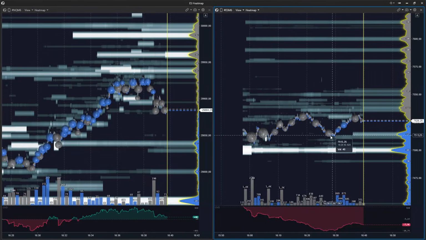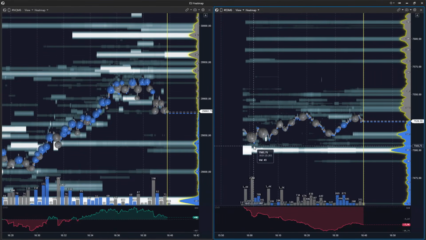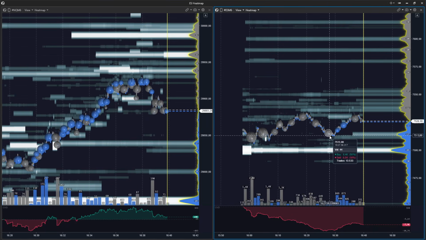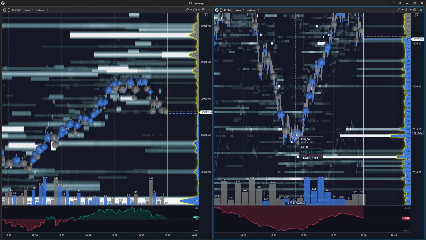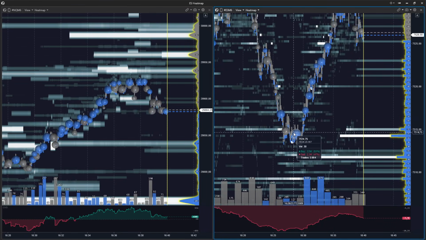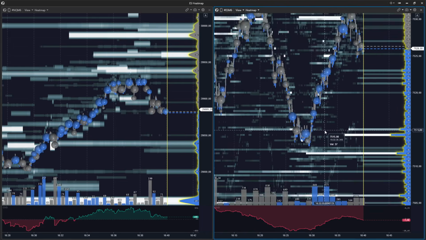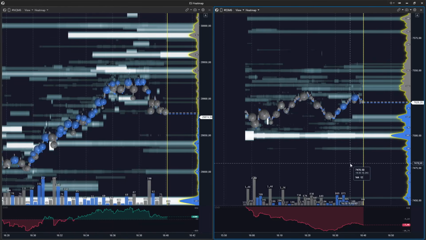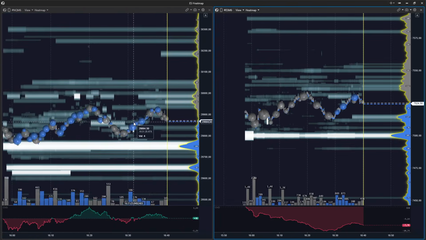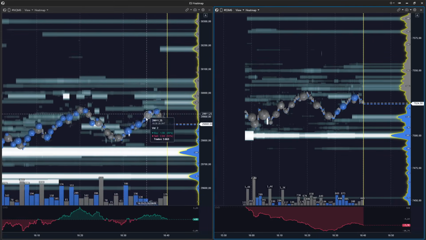As you can see here, for example, the market didn't even have the chance to get close to it, and then maybe got absorbed here. These buyers put in some aggressive work and then pushed up the market again. Yeah, so this is the heat map.